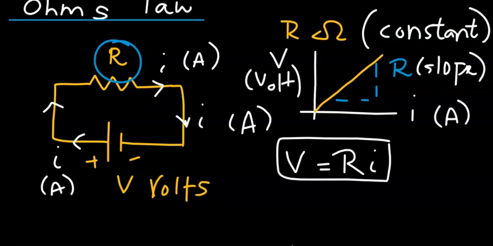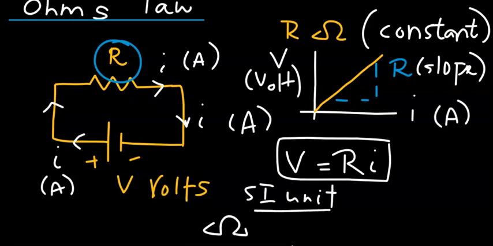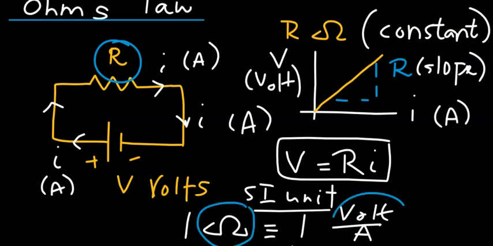Now we can see the SI unit for resistance, as we have already mentioned in our previous video, is ohm. And it's clear from the graph that 1 ohm is equivalent to 1 volt per ampere. So ohm and volt per ampere can be taken to be the SI units for resistance.